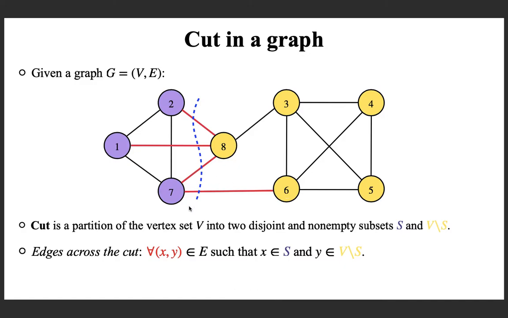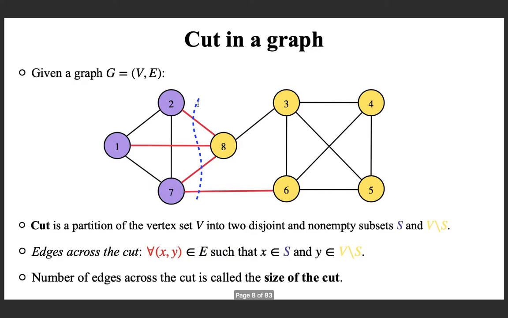And why is it called a cut? If you cut these edges crossing the cut, then you can separate the graph into two disconnected components. Between them, no connection. And the number of edges crossing the cut is called the size of the cut. In this example, the size is 4 because 4 edges are crossing the cut.